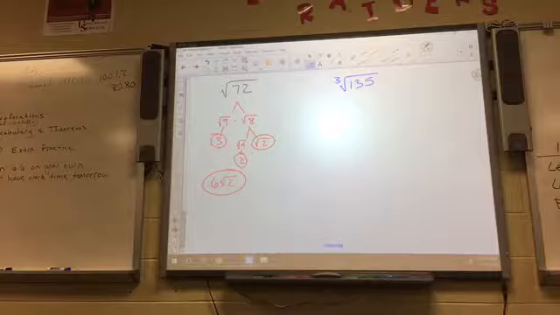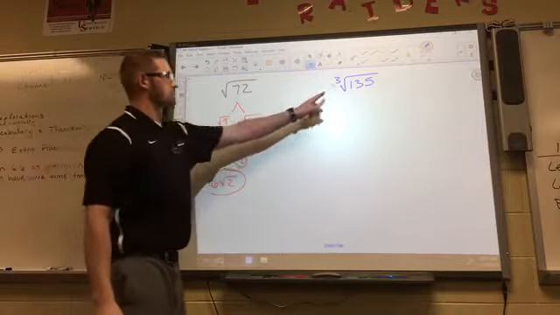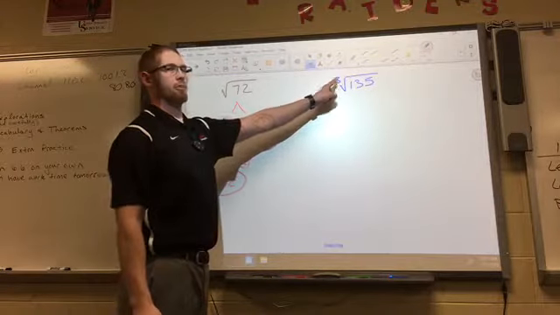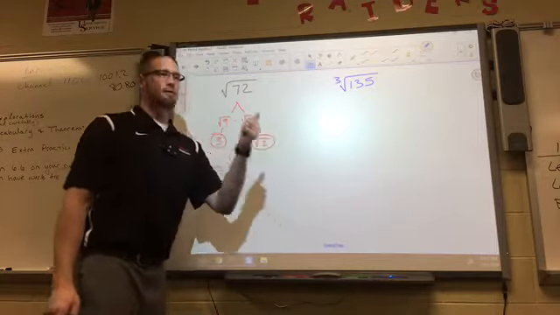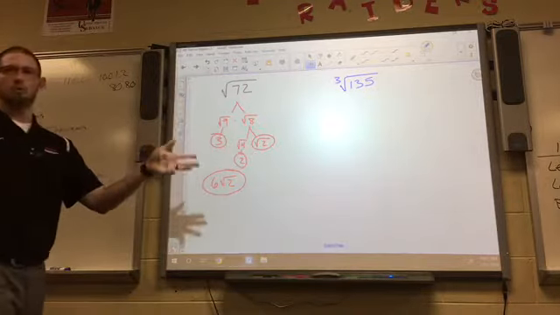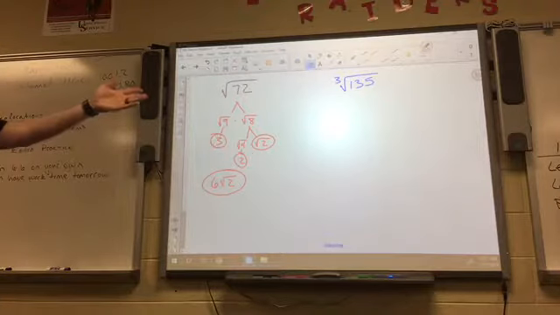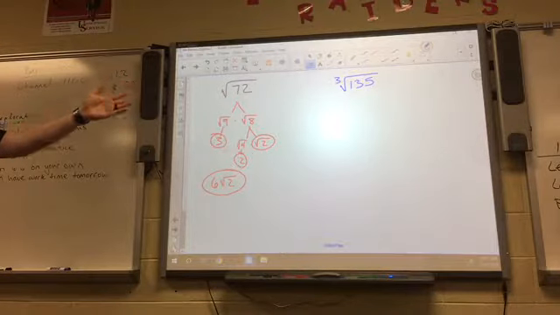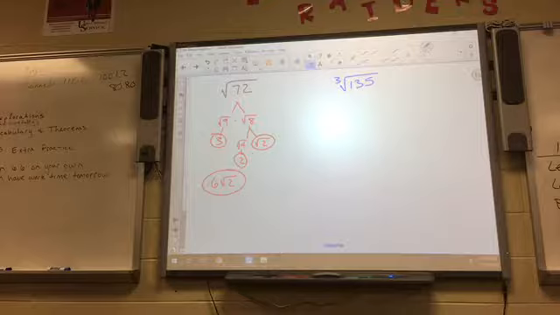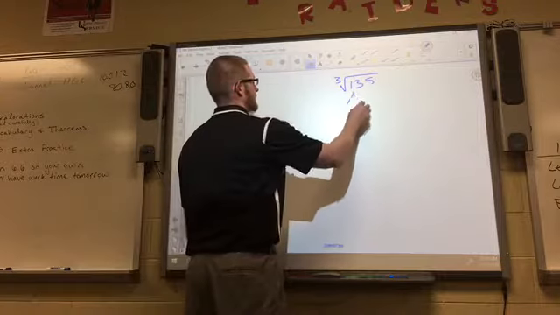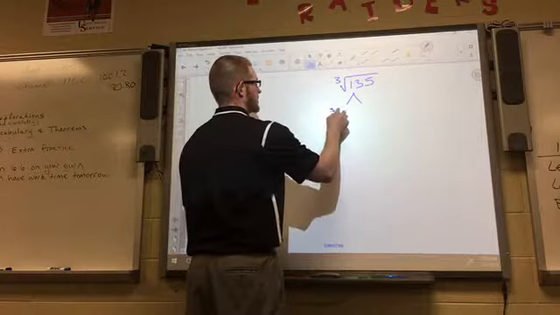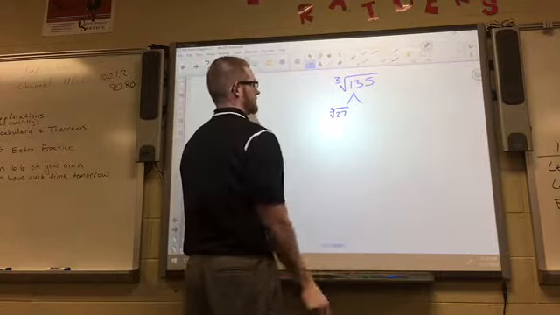Since this is now a cubed root, I need to find a perfect cube that divides out of this. You need to check 8, 27, 64, 125. 125 obviously not going to work, right? So which one of those other 3 does? 27. 27 does. So I take out a cubed root of 27.